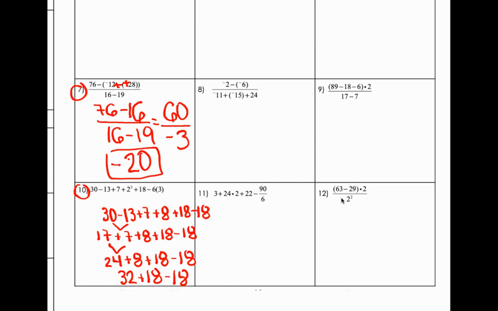And then we'll just keep going. So 32 plus 18, that's going to be 50 minus 18. So we simplify that is 32.